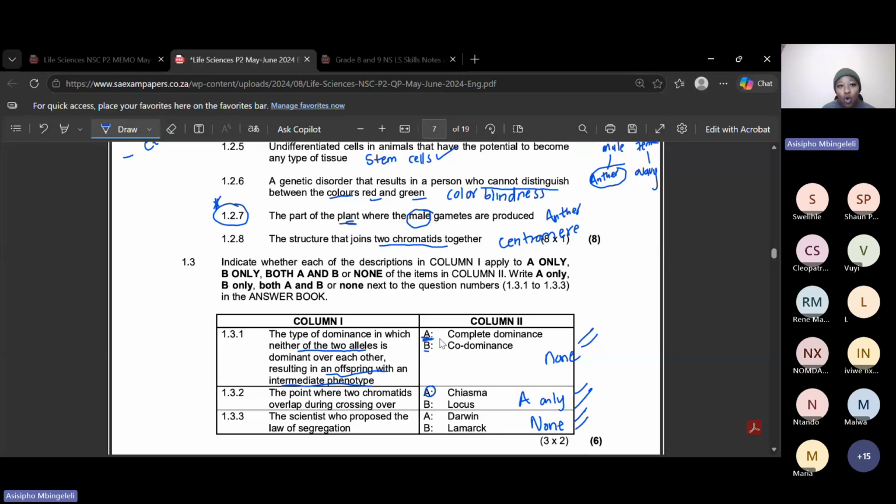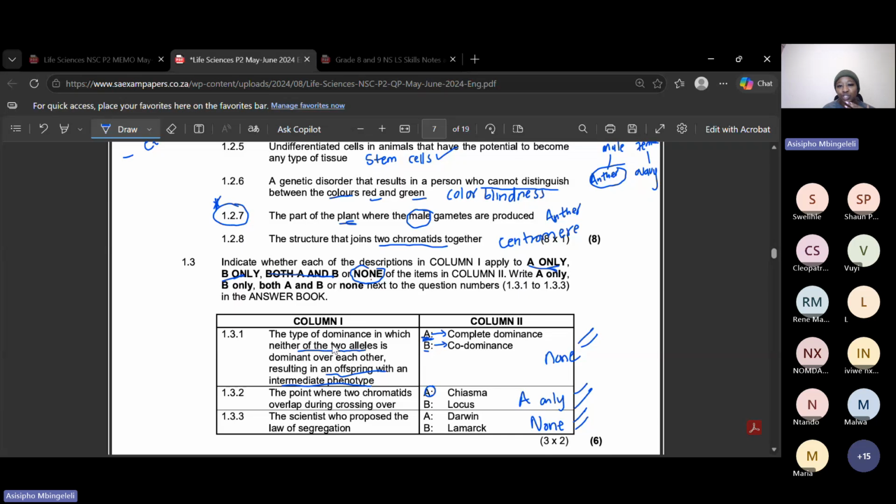Complete dominance. Or B only, that's what it says, right? Meaning the statement only matches B, which is codominance, or both A and B, meaning the statement matches both the options, complete dominance and codominance, or none. So none is given as one of the options there. So if you are choosing none, you are saying B and A are not matching the statements in column 1.